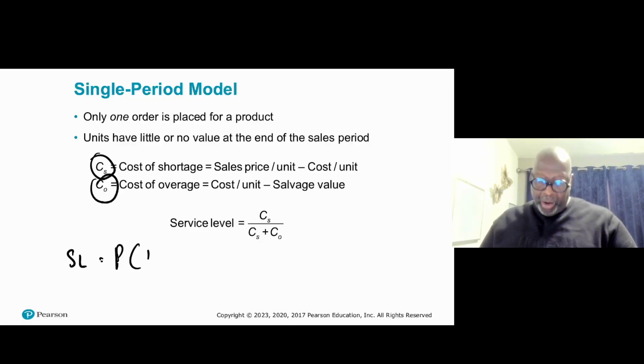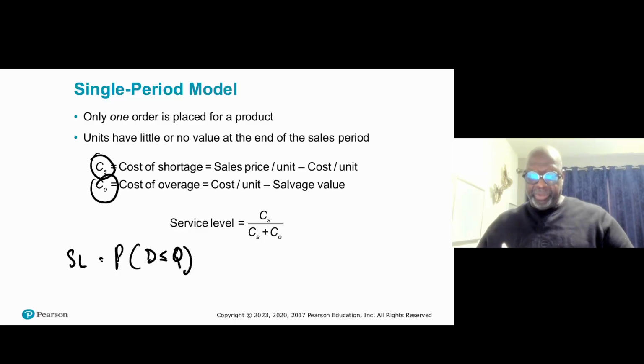That means that the probability of the demand being less than or equal to that quantity that we want to stock would be our service level. So if we want 90% of the demand to be less than an amount, our service level is 90%, and so on. If it is 95%, so be it. So we're going to work with this concept called the service level.